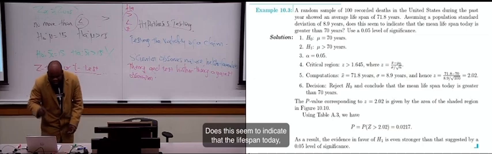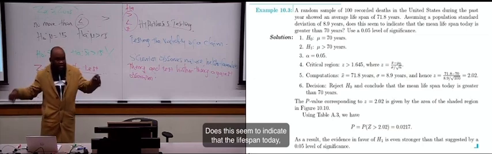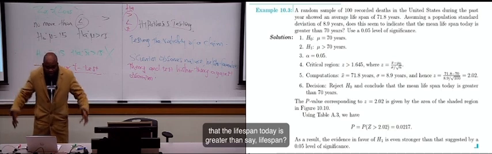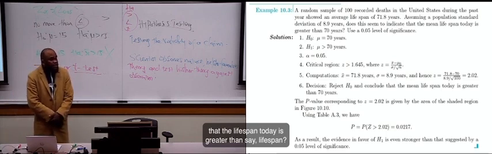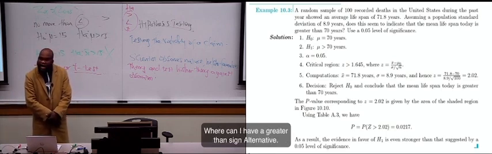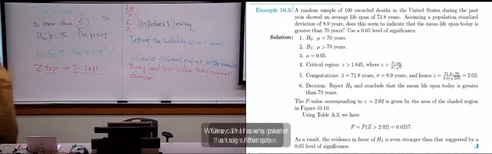Whether I say population variance or population standard deviation. Now, does this seem to indicate that the mean lifespan today is greater than 70? Mean lifespan, where can I have a greater than sign? Alternative. That is why, take a look at this now.